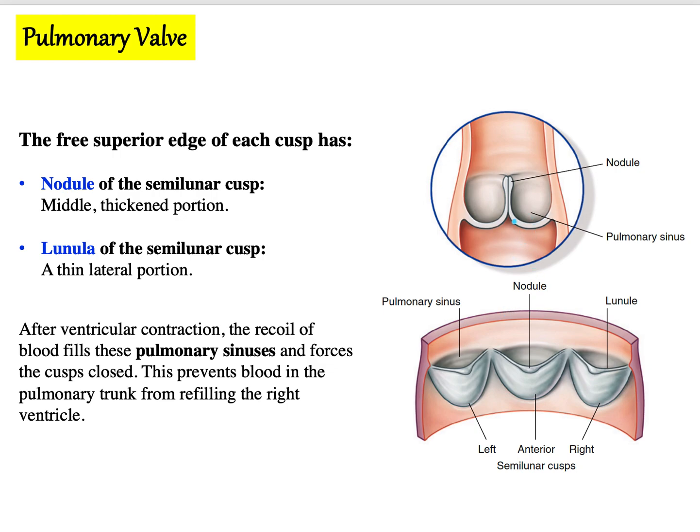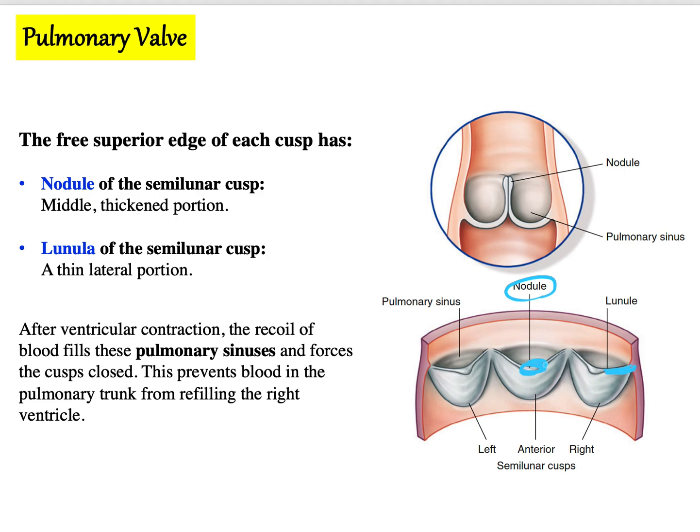Just because we mentioned that they are semilunar cusps, meaning half-moon shaped, right? In the middle, there is a thickened portion known as the nodule, and there is a thin lateral portion known as the lunule.